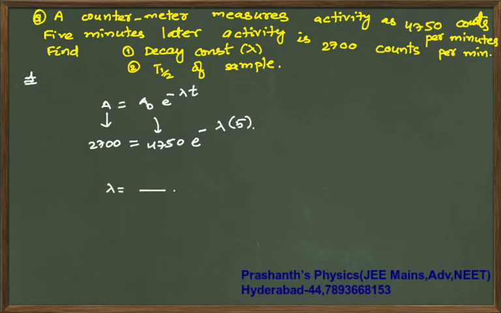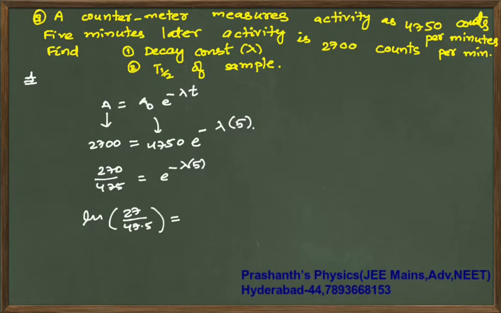How? First let's simplify this. 2700 by 4750 means 270 by 475, which is equal to e power minus lambda into 5. Apply ln on both sides. So ln of 27 by 47.5 is minus 5 lambda.